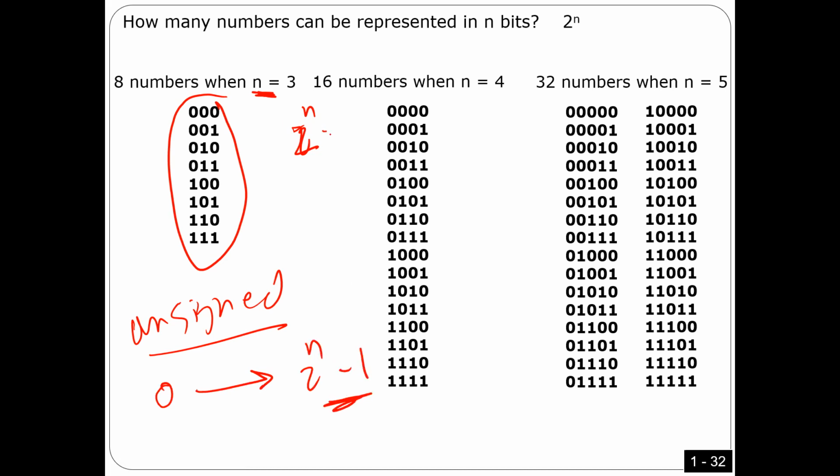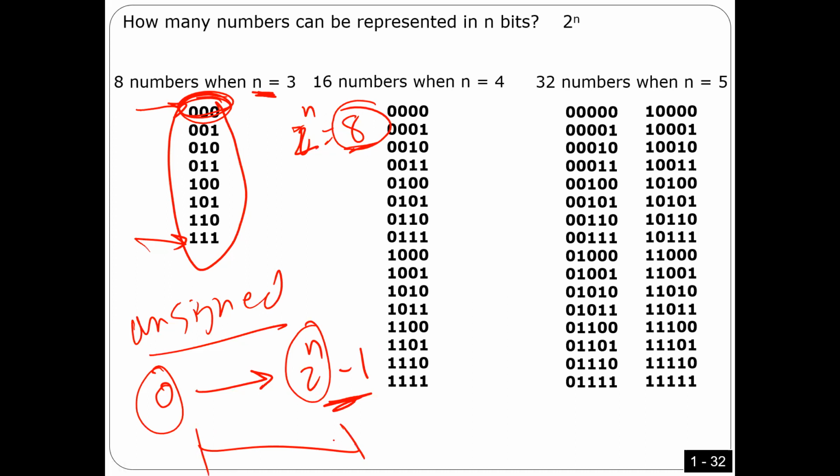In this example, 2 to the power of 3 is 8, so you can represent a number from 0 until 7, because I'm using the whole space on the positive side. So in general, I use one combination for 0, and all the other numbers go all the way until 2 to the power of n minus 1. The total is 2 to the power of n.